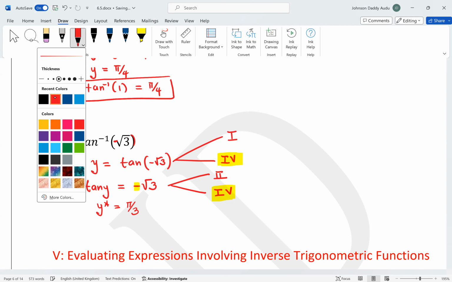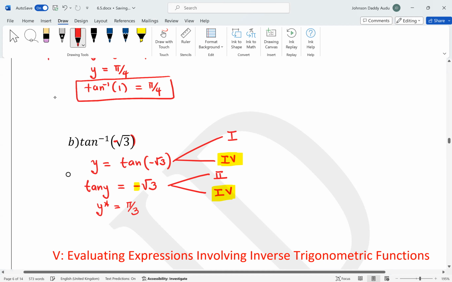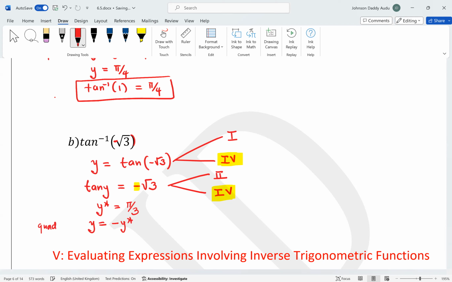Now, what is y? Because we are in the first quadrant, y is going to be y star. So we are in which quadrant? In quadrant number 4. So y is going to be minus y star. And this is what happens in quadrant 4, right?